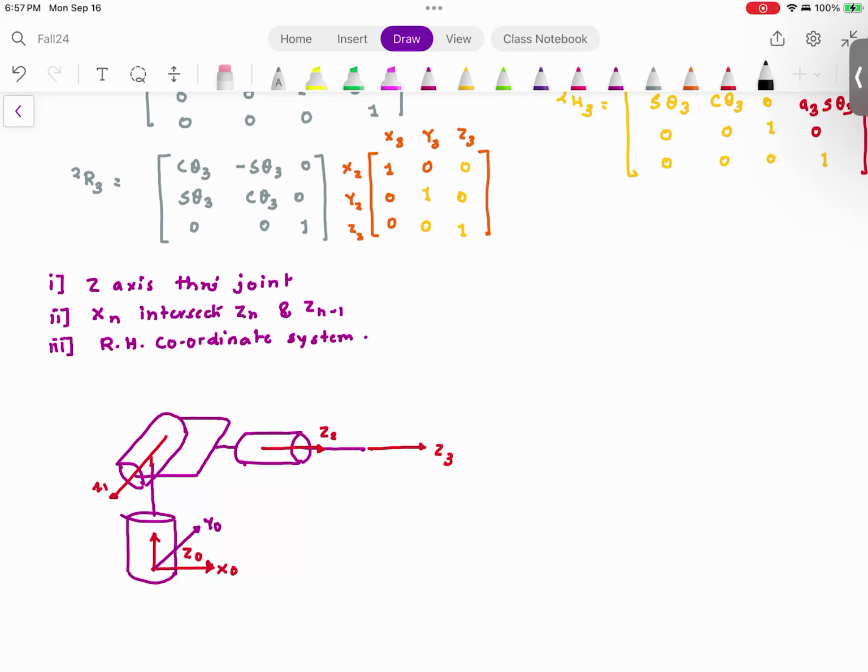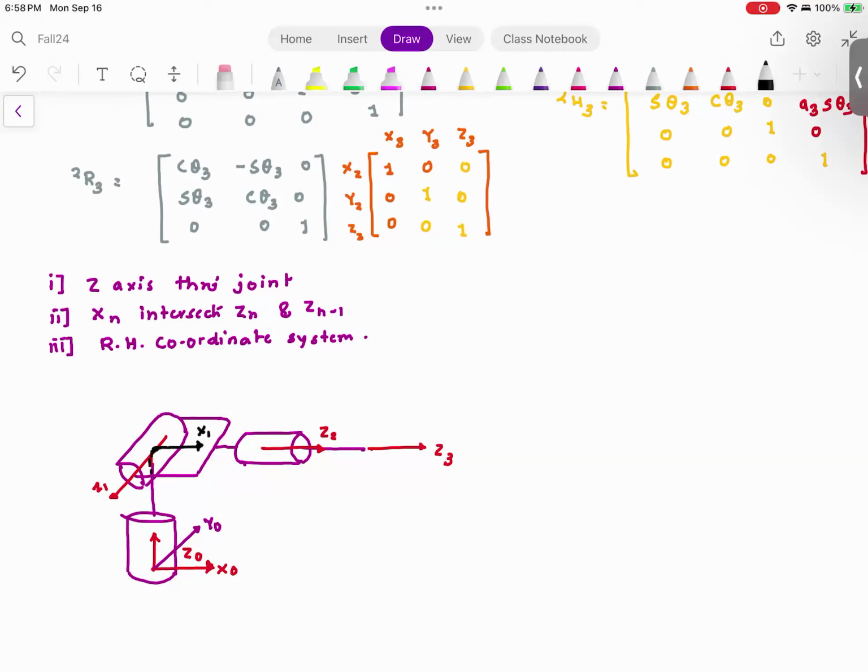Now, what I want you to do is tell me where should I draw X1? How should I draw X1? Can I draw X1 like this? So if I draw X1 like this, now please understand, X1 is intersecting with Z1, X1 is also intersecting with Z0.